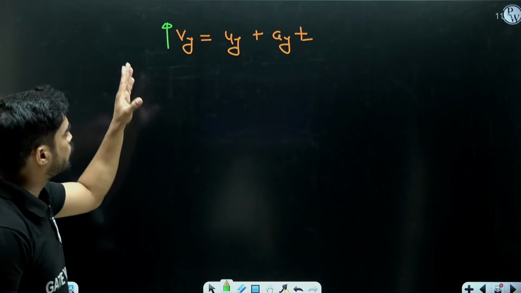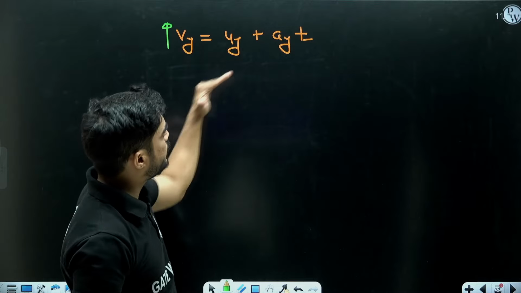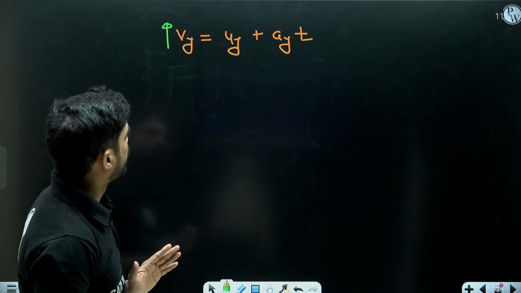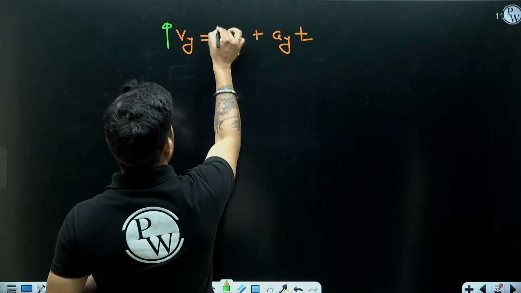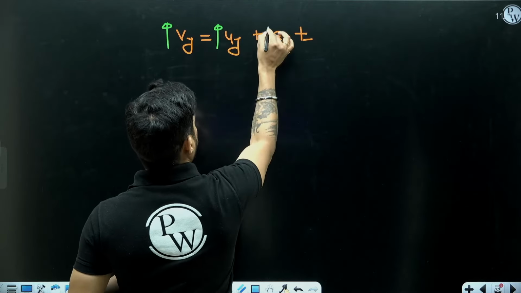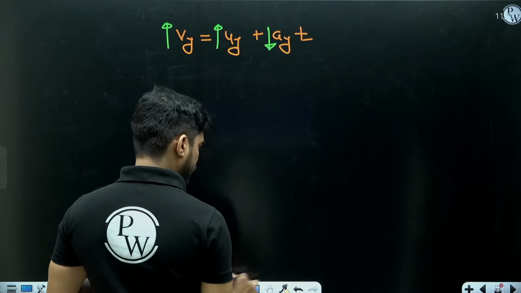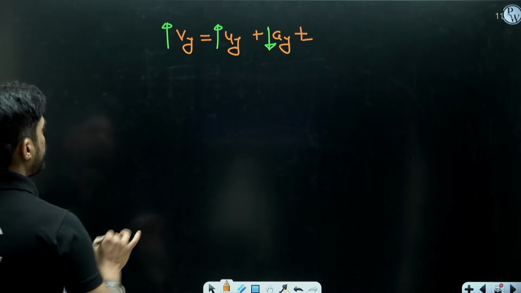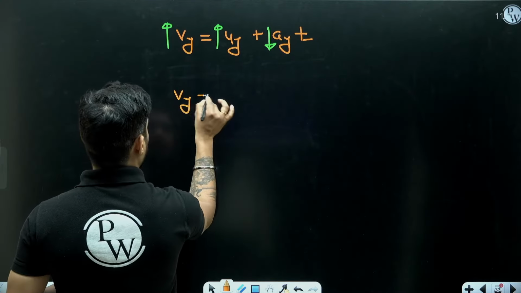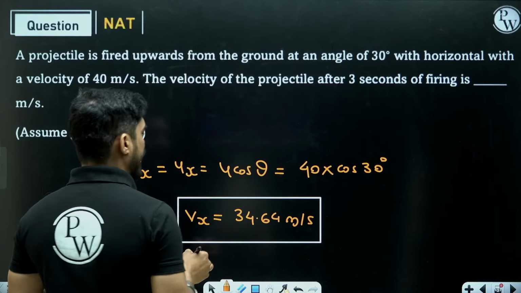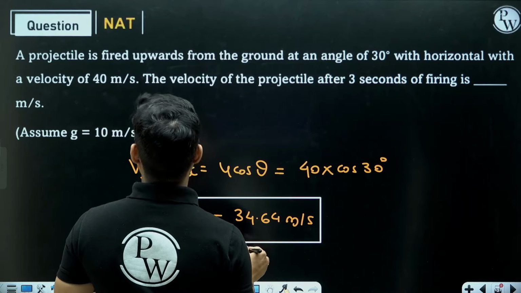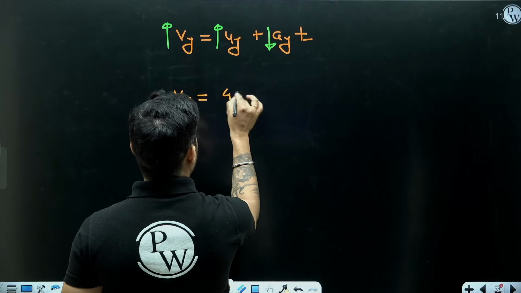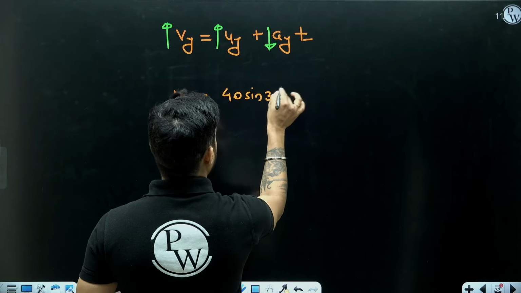So I have assumed that after 3 seconds, this projectile is going up only. Initial velocity was up only. But acceleration in y will always be downward. G is always downward. So upward values will be positive. Let's assume uy will be what? U sin theta. So it will be 40 sin 30 means 20.